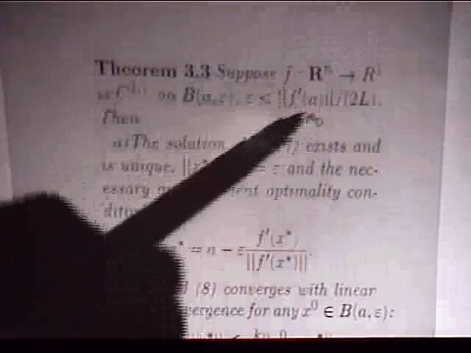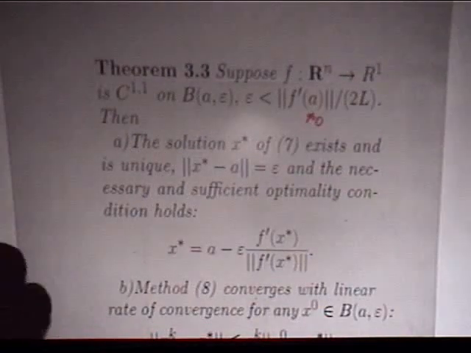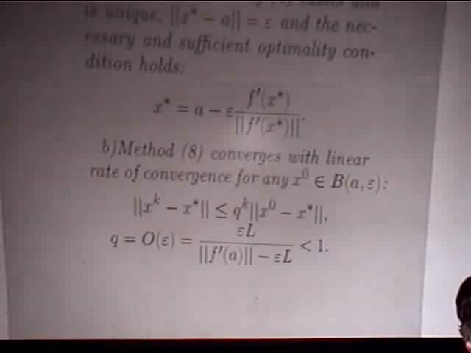And what does small enough mean? It depends on the value of the gradient at the center of our ball, and the Lipschitz constant for the derivative of function f. Okay, and we can also estimate the rate of convergence.